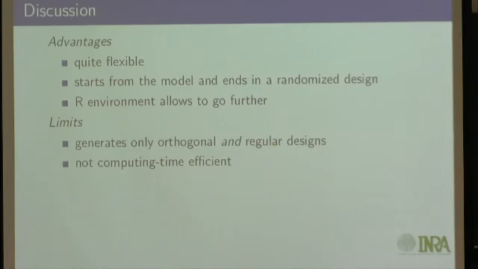The limits, of course, are that we construct regular designs, so it's only orthogonal designs and regular designs, which is a smaller class than the class of orthogonal designs. And it is, at present at least, not at all optimized with respect to computing time.